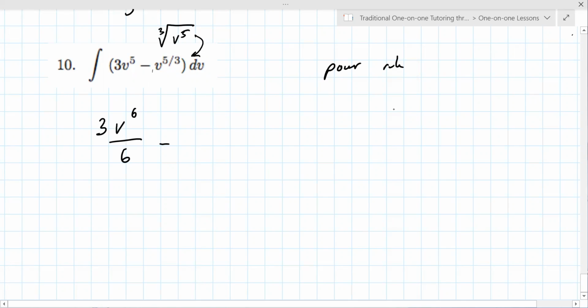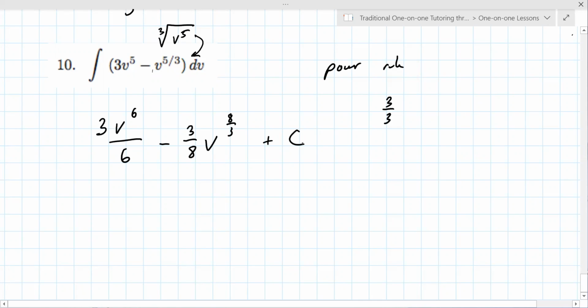If you need to write it out, it's 3/3, so it's v to the 8/3 divided by 8/3, but you can just put the reciprocal there. It also helps to visualize this thing multiplying this thing and getting back to 1, which is why it is the flip of that, plus c.